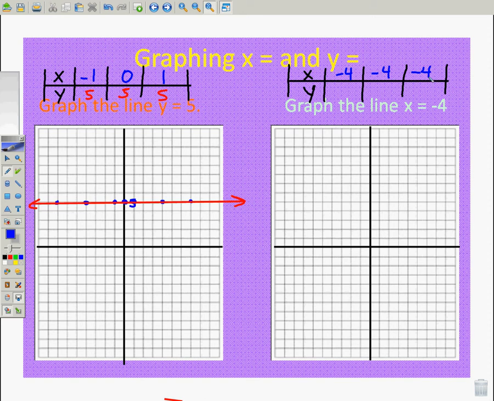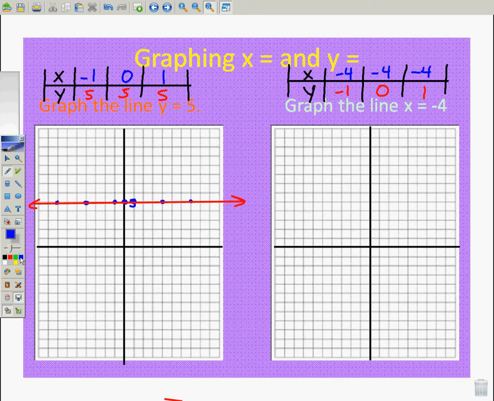And so then if I look at my y and I say, how does y react to what x is? If y is -1, x is still equal to -4. If y is 0, x is still equal to -4. If y is 1, then x is still equal to -4.